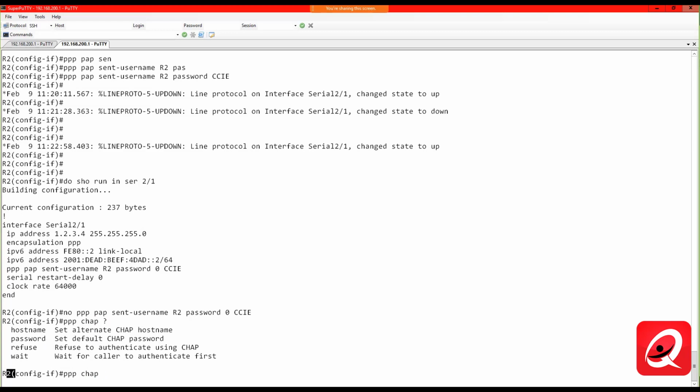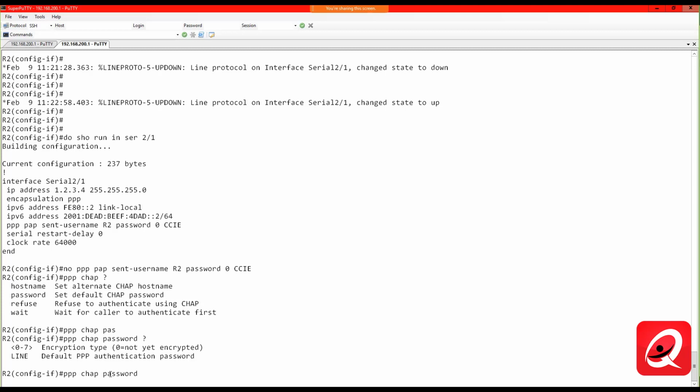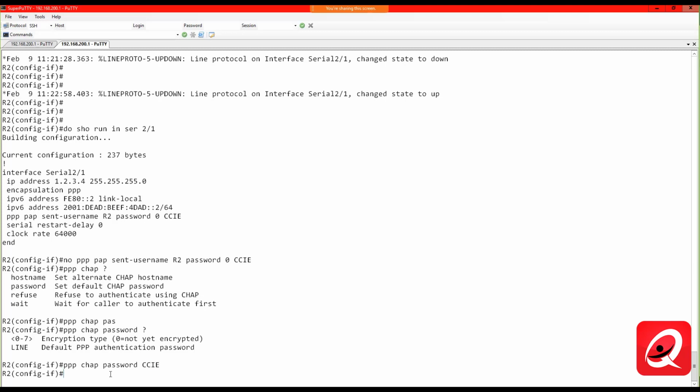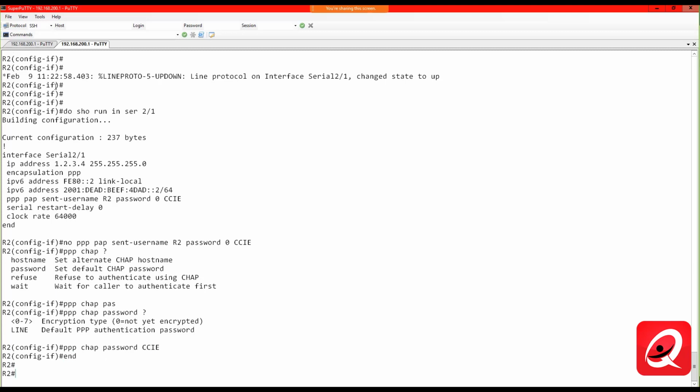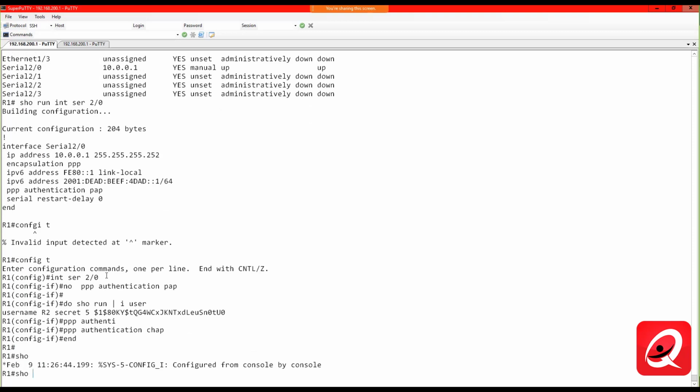I'm not going to use an alternate host name because I'm just going to send the host name that was configured on the device. So I can just simply say password, and then I can specify my password if I want the encrypted version or the non-encrypted version. So we'll do CCIE again, and we should see the link come up.